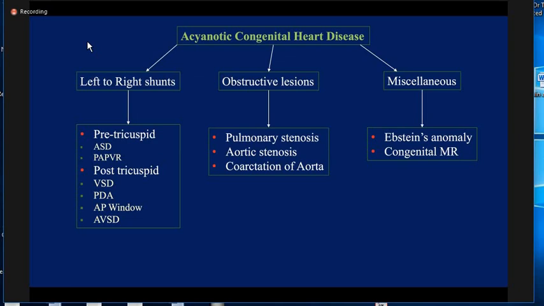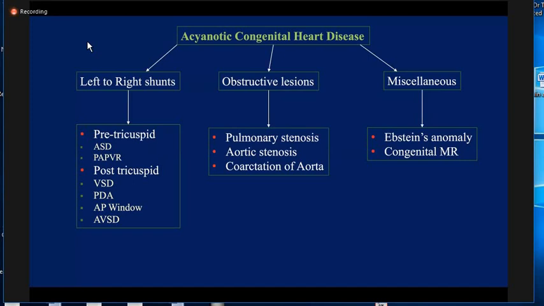These are the things which come under pretricuspid shunt. Whereas a post-tricuspid shunt, below the tricuspid valve, is typically ventricular septal defect, AP window, or patent ductus arteriosus. Even though AV canal defect will have both ASD and VSD, it is classified under the heading of post-tricuspid shunt.